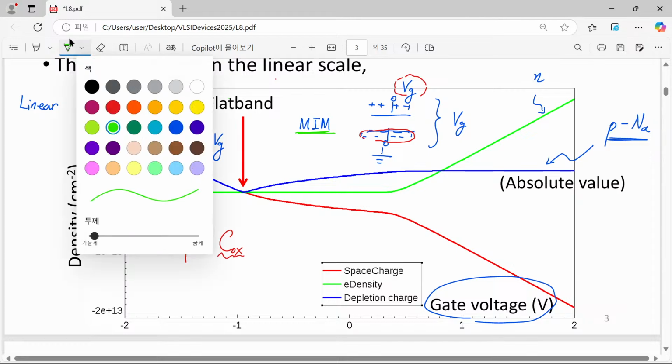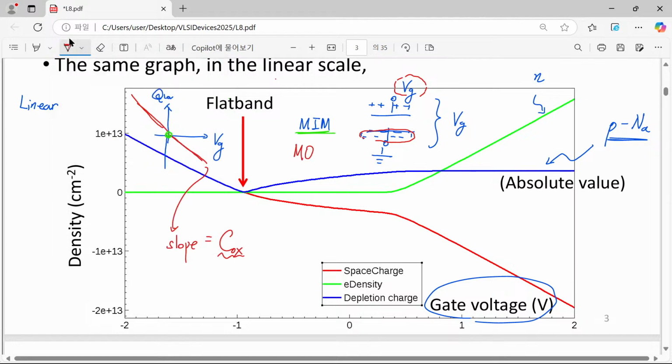However, the main difference of our system is now MOS. Yes, oxide is regarded as insulator, so it's okay. But the point is, in the lower plate, instead of metal, we introduce a semiconductor.